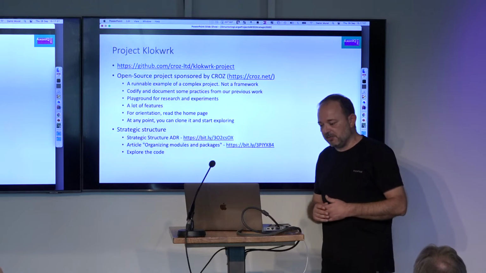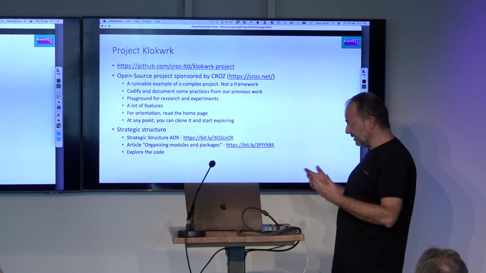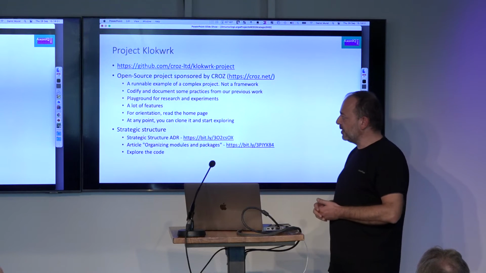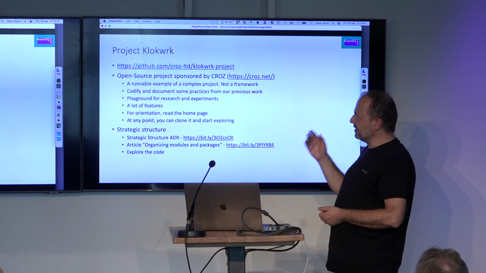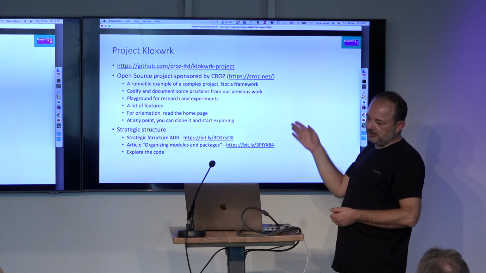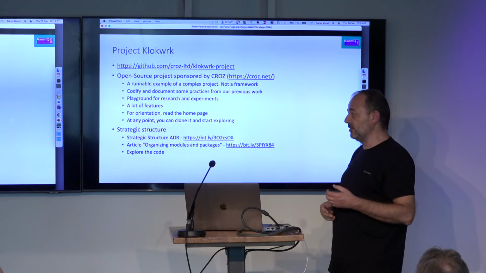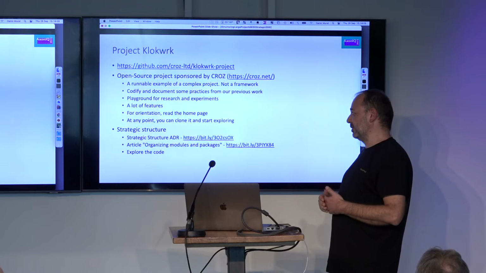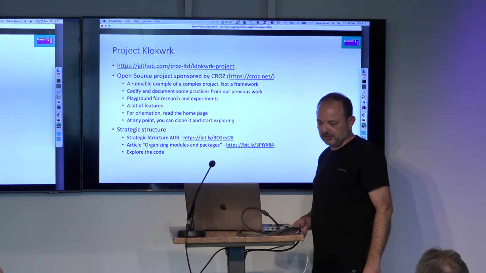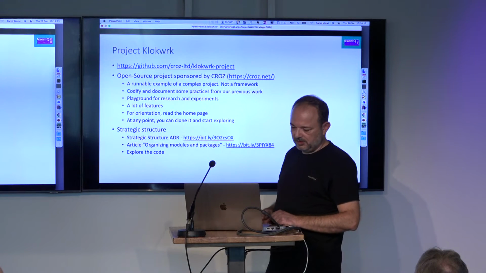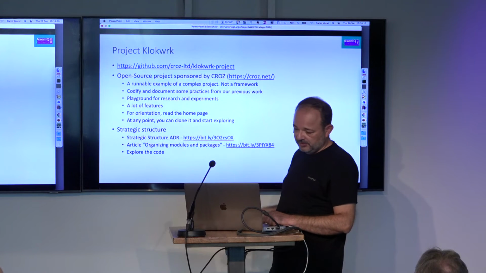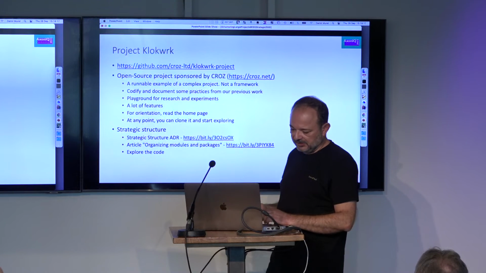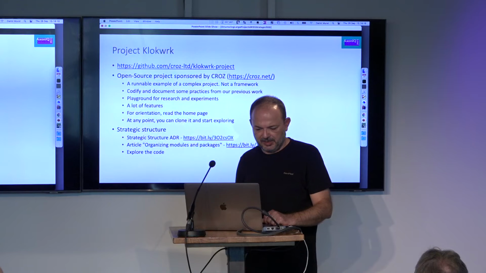It is not only about strategic structure, although strategic structure is the important one. And if you're interested, you can go to the homepage. I think there is enough documentation to help you with orientation. So you can quickly see if there is something that interests you, really.